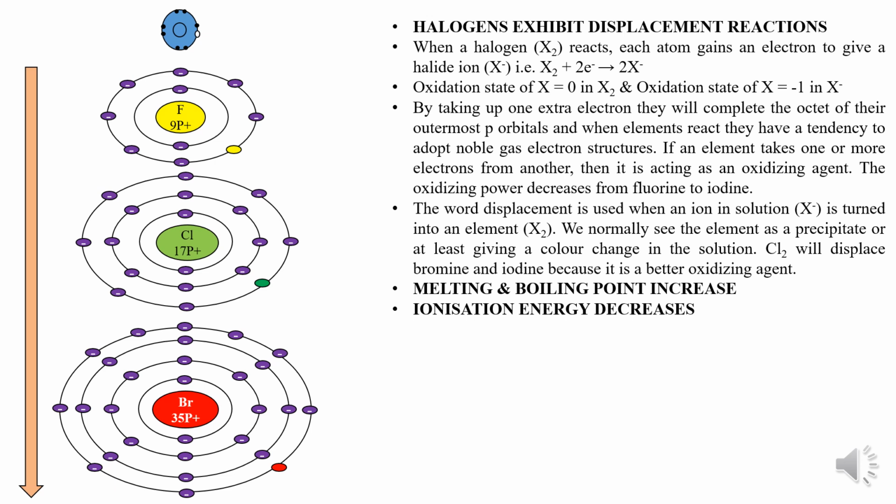Generally in a displacement reaction, the ions in the solution are turned into element, and this can be visualized in terms of color change or by the formation of a precipitate. For example, chlorine will displace bromine and iodine because it is a better oxidizing agent. This reaction has already been dealt with.